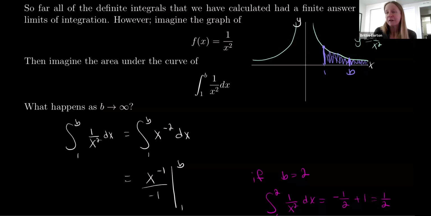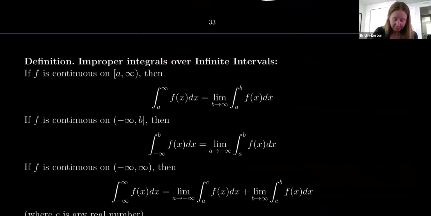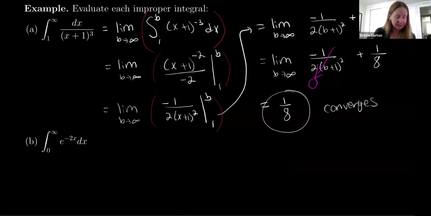Well, no, I can't ever finish graphing it, but its area does settle down and it converges. So it settles down to that number of 1, which I think is really cool to think about. Same thing for this next example, where it converges to 1/8. I didn't draw the picture there, but we found an area that converges to 1/8, an infinite object that settled down to an area of 1/8.